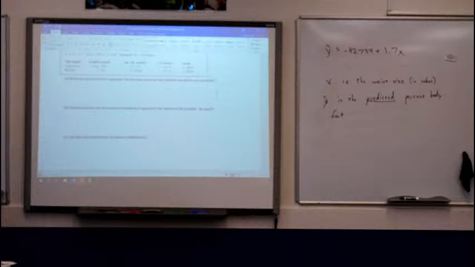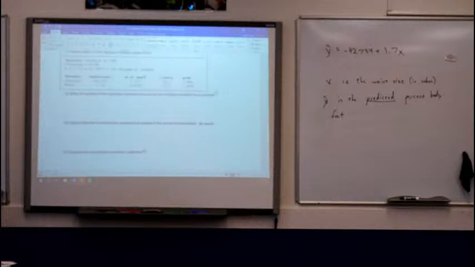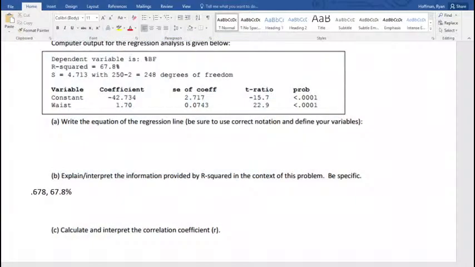So R squared is 67.8, so R squared is 0.678. And this tells me, this is a sentence that we talked about being able to write out last week. 67.8% of the variation in y, what is y in this case?